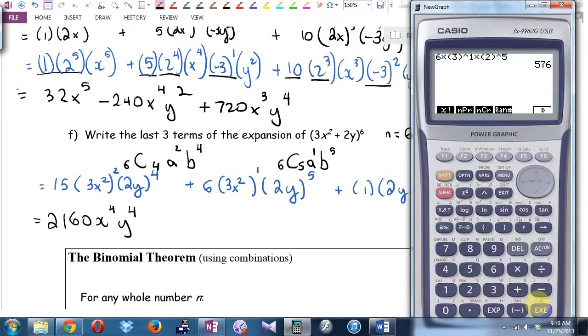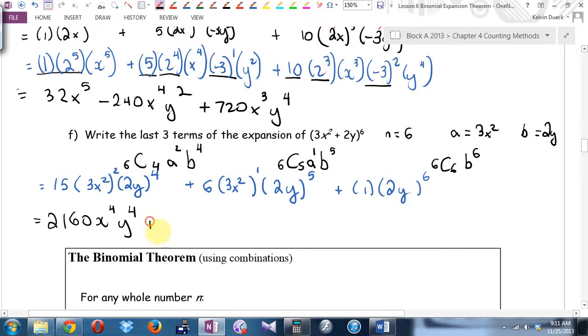The coefficient is going to be 576. Positive? Yeah, because I didn't get a negative here. So positive 576. X to the what? Y to the what? Now, what's the rule when you have a power to a power? You don't add the exponents, you multiply the exponents. You add the exponents when they're being multiplied together, but x squared to the 1 is just x squared. Y to the fifth.